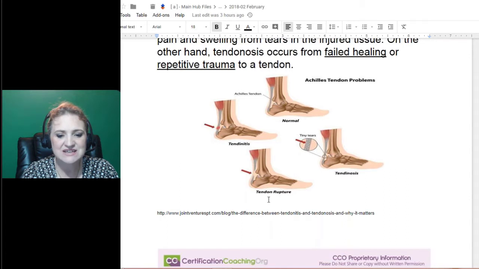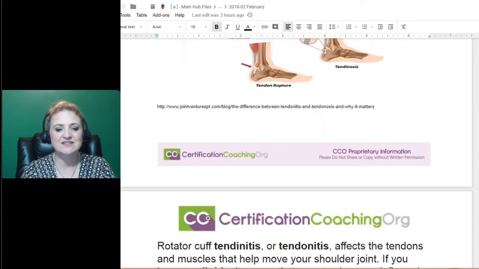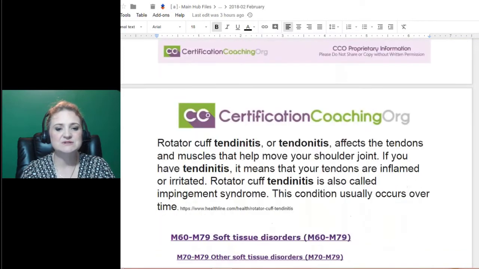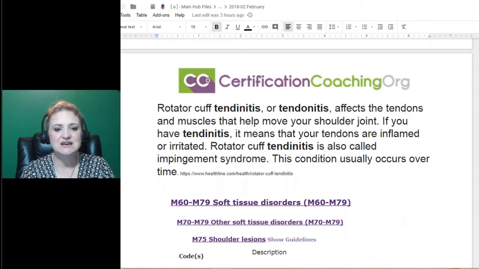If you have tendon rupture, the tear of that, that's another diagnosis. But tendinosis is like little tiny tears in there. It hasn't ruptured, torn completely. It could still be inflamed, but tendinosis is different. So once you understand the difference between tendinitis and tendinosis, that will help you with your coding.